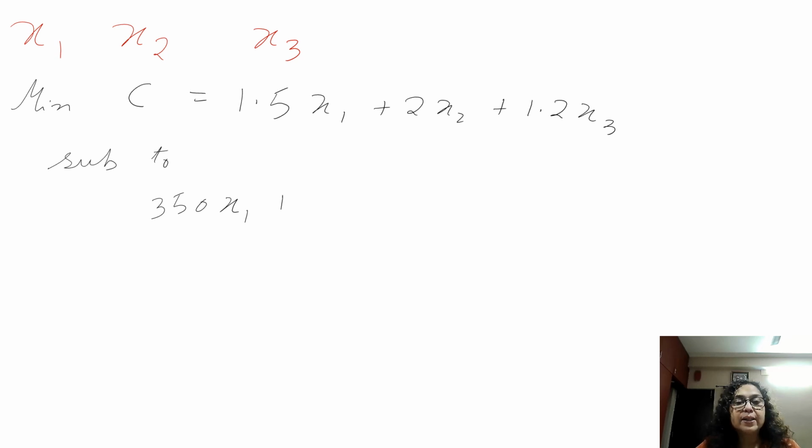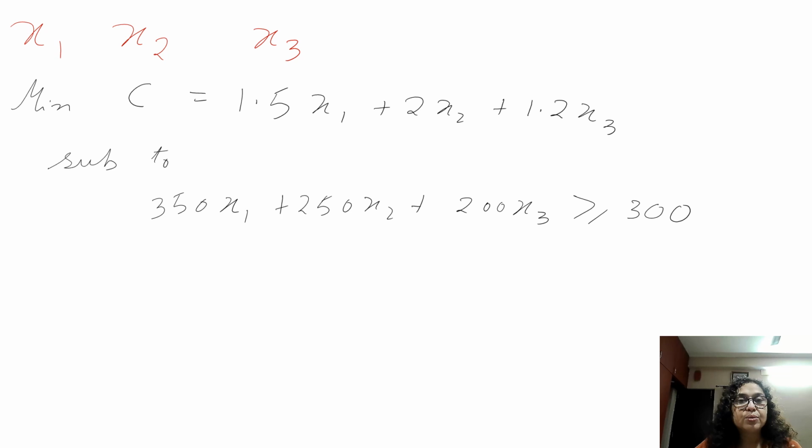Then we have 250 x2 and 200 x3, and the minimum requirement is 300. So you can see here we have a greater than or equal to constraint, because 300 is the minimum requirement. So 300 has to be met, if not more.